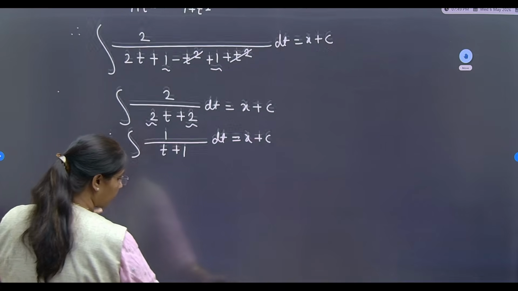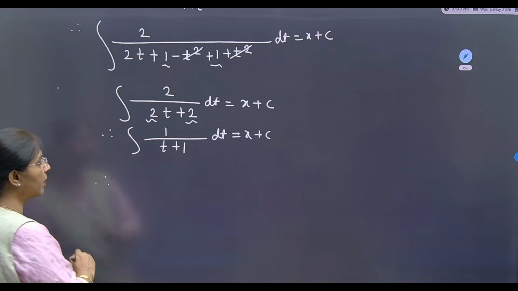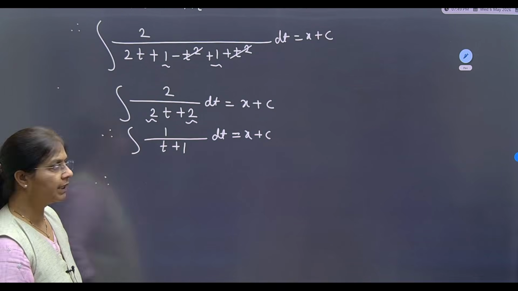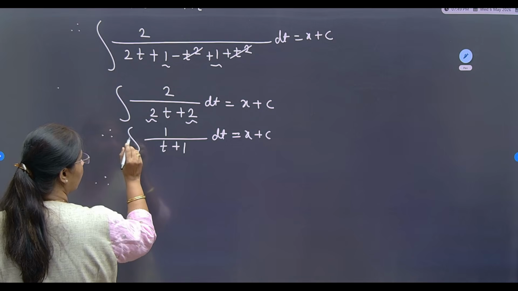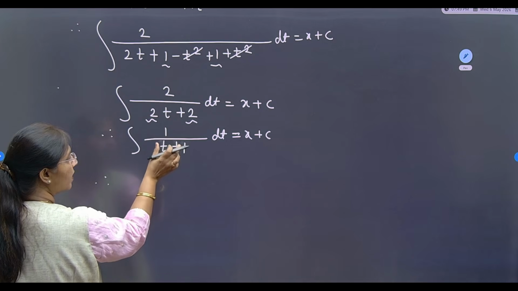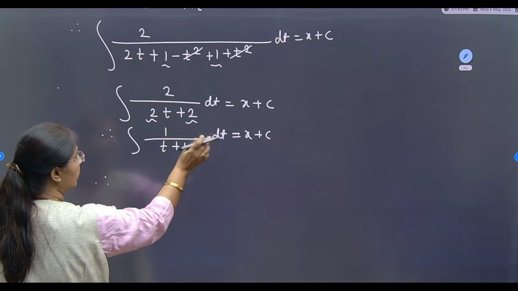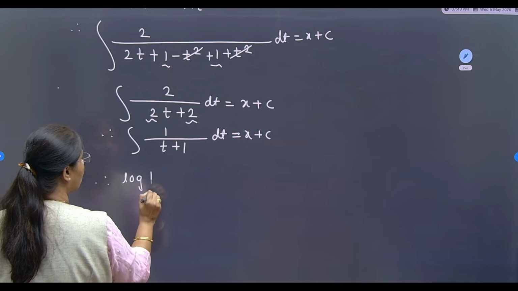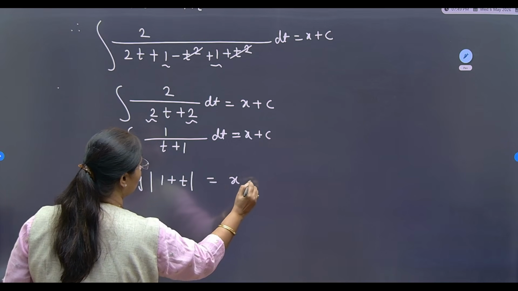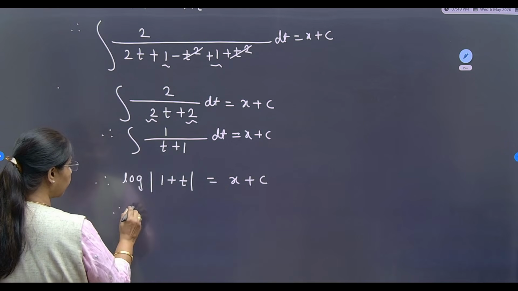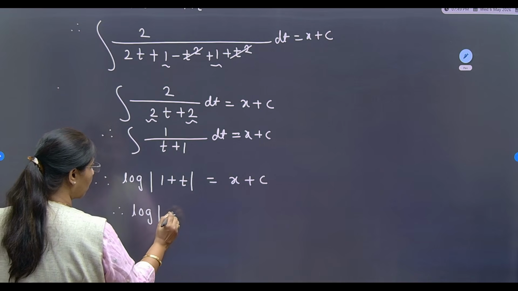Then we know the formula: the integral of f'(t)/f(t) dt = log|f(t)|. Therefore, log|1 + t| = x + c.